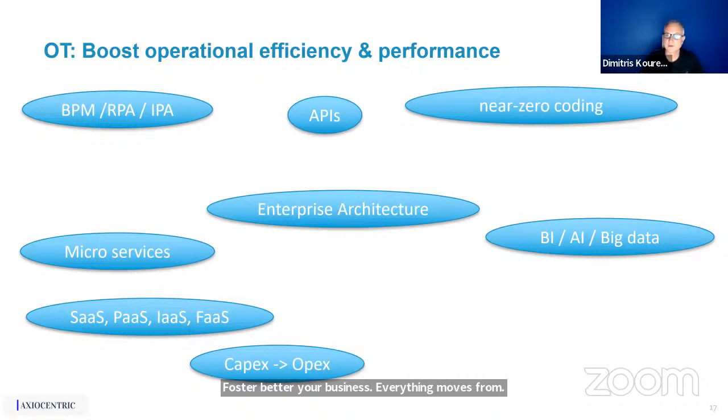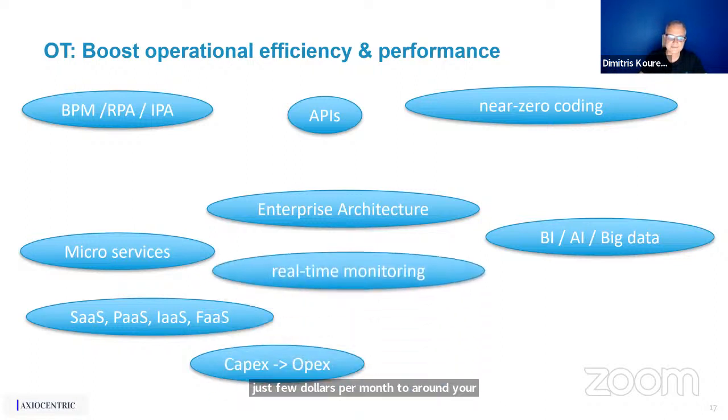So instead of spending millions, let's say, to build something in IT and run it, like what we used to do in the past, right now you start paying dollars per month, maybe thousands of dollars or hundreds of dollars, depending on what you need, or just a few dollars per month to run your internet or your IT-related systems.